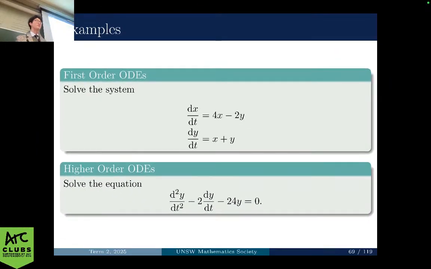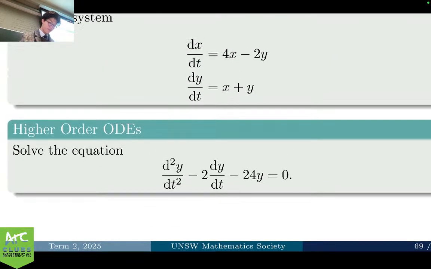Moving on, we'll now do the higher order ODE, which is a second order one. With this one, we kind of need to do some smart substitutions, because what we just established is that we now know how to solve first order differential equations using eigenvectors.